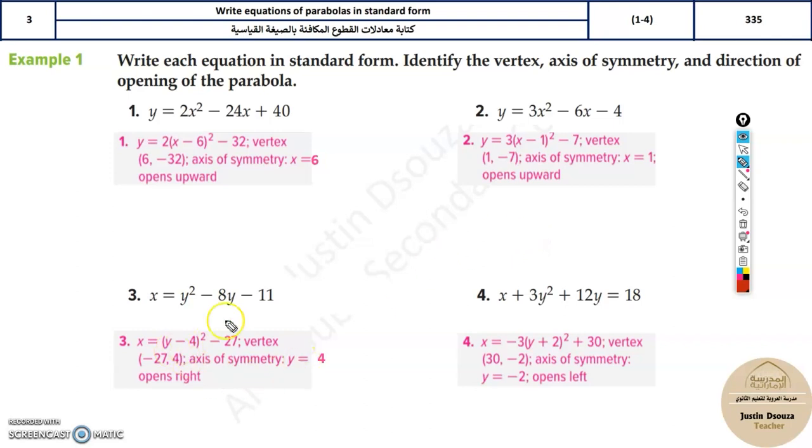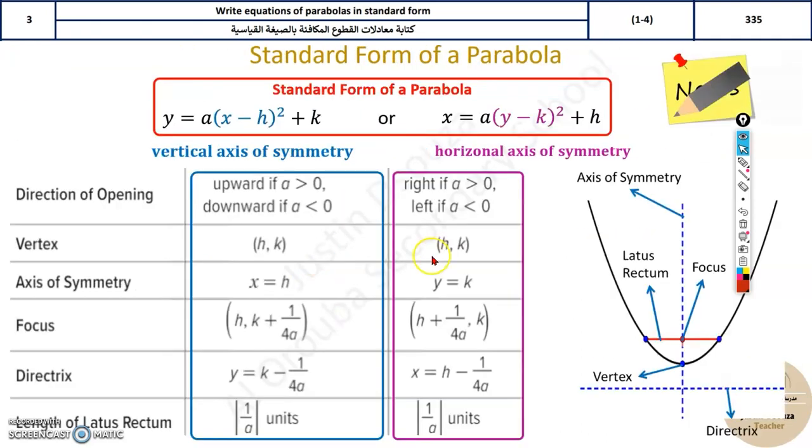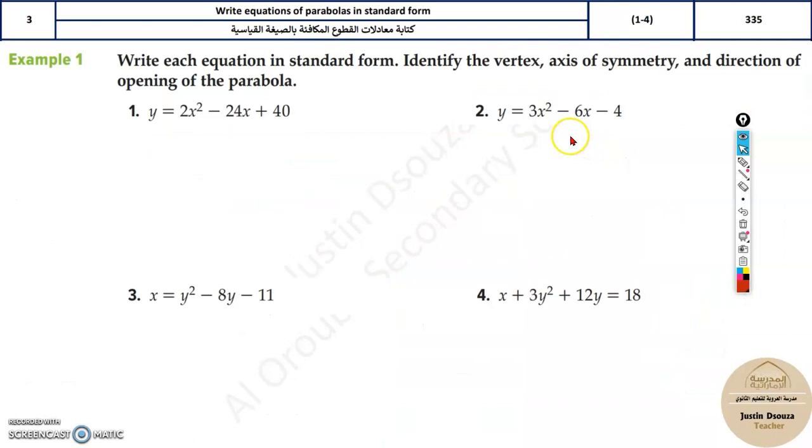Now, in this case, you should just remember the formula. See, the formula for the standard form with a vertical axis of symmetry and a horizontal axis of symmetry is different. So please remember it thoroughly. Over here, you can see y minus k. So whatever the k value is in the vertex goes inside and is whole squared and added with the h value.